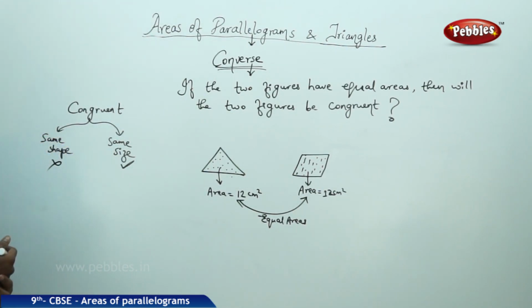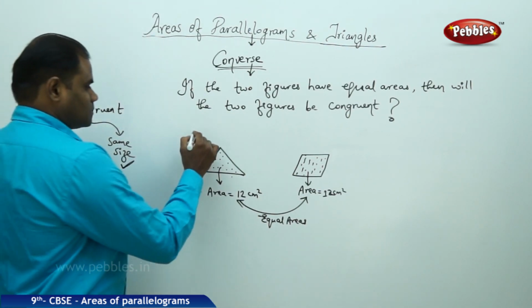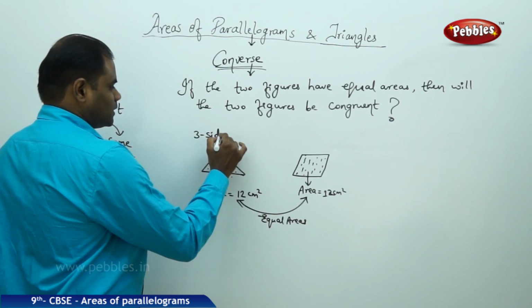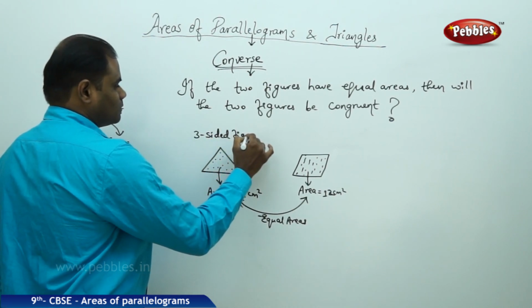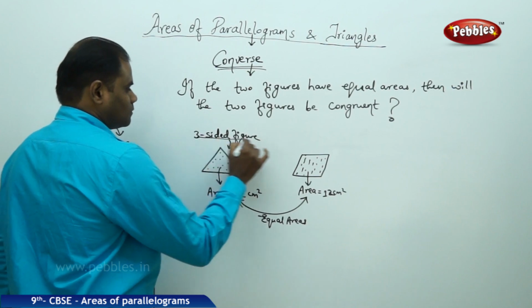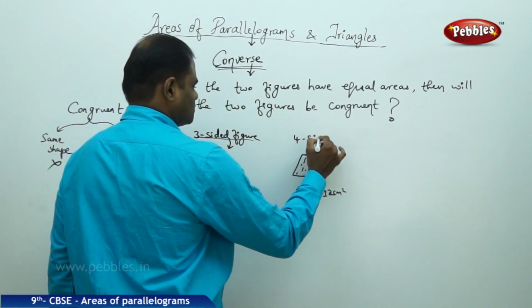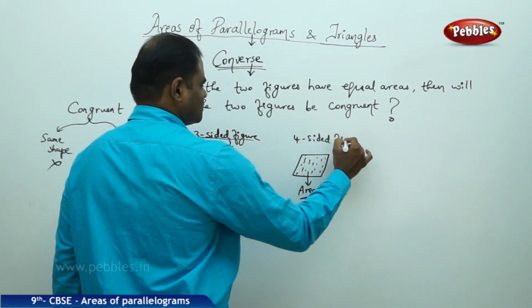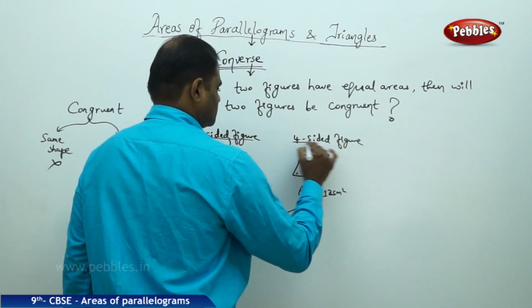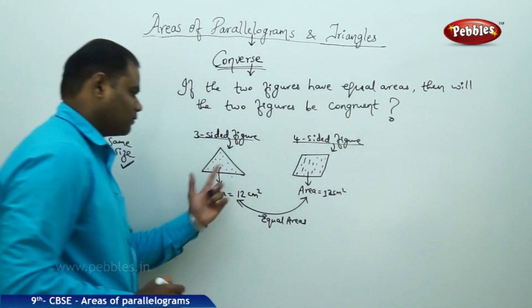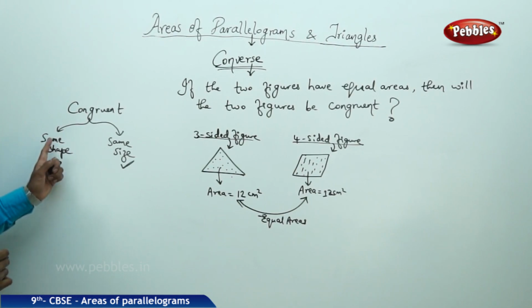It fails the second condition. This is a three-sided figure and this is a four-sided figure. Therefore, they are not of the same shape, but they are of the same size.